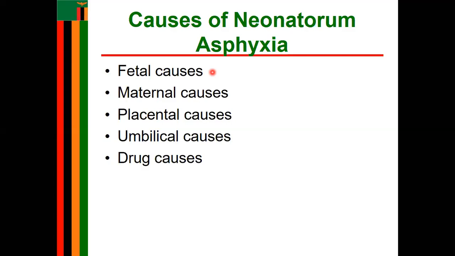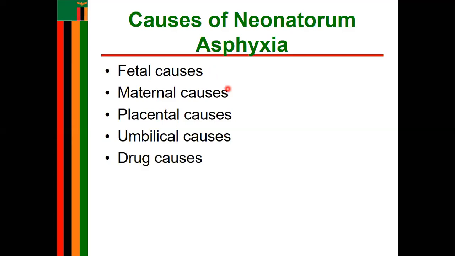Sometimes in prematurity, it could be lack of pulmonary surfactant, which is required to maintain surface tension of the lungs so that respirations are maintained. Apart from that, intrauterine growth retardation may be a fetal cause of neonatal asphyxia.